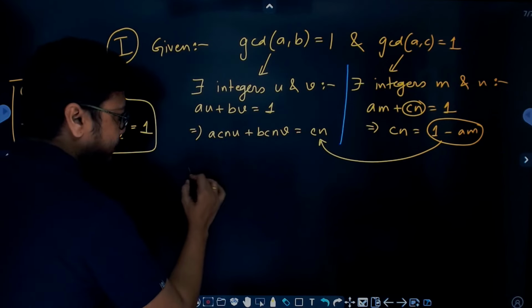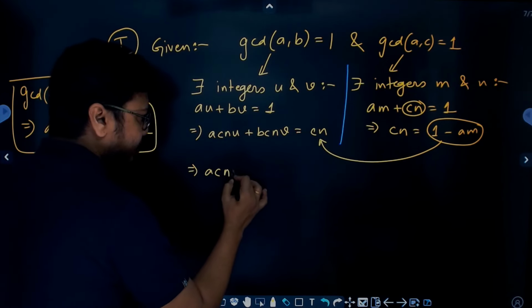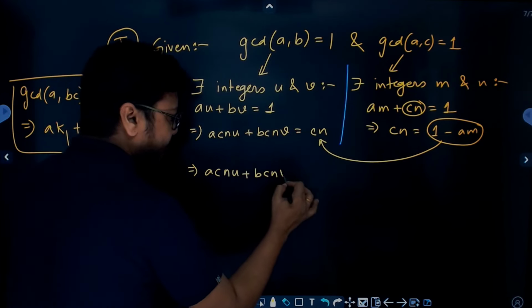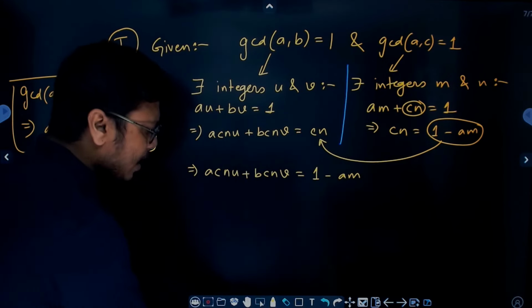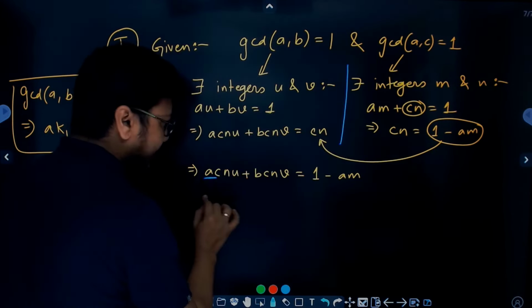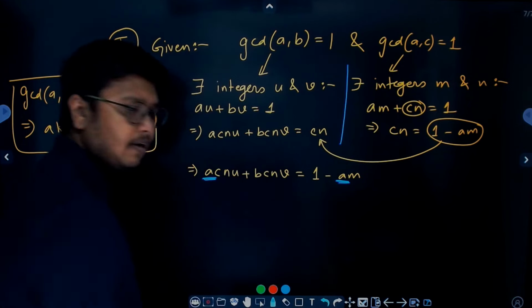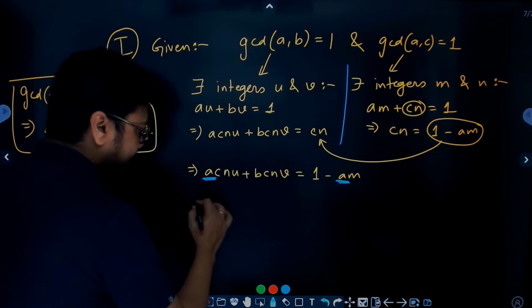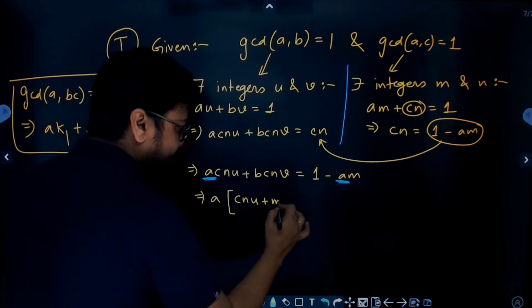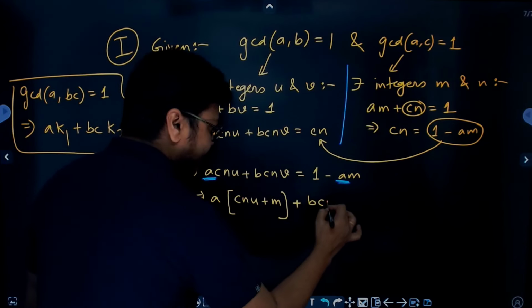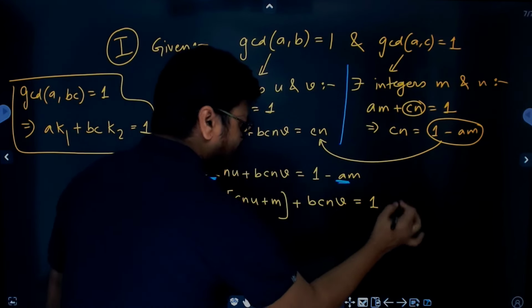So if I do the substitution, I'll have ACNU plus BCNV equals 1 minus AM. Now I will try to take A common from these two terms. So if I take A common, I will have A times (CNU plus M) plus BCNV equals 1.